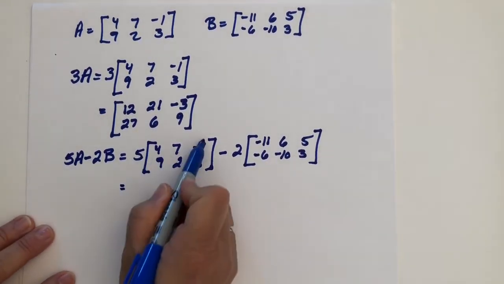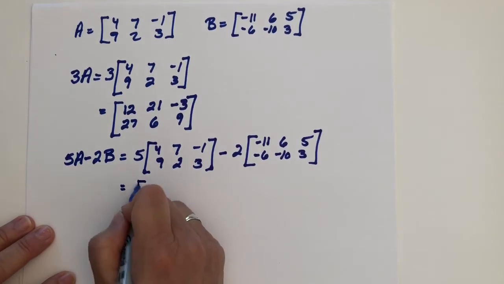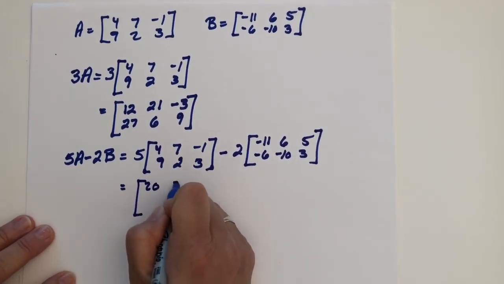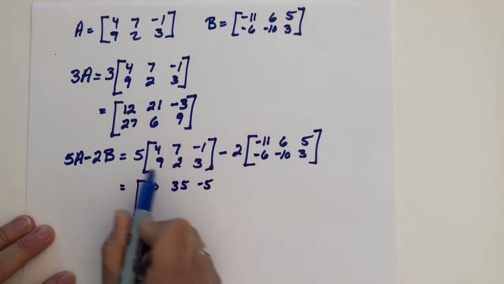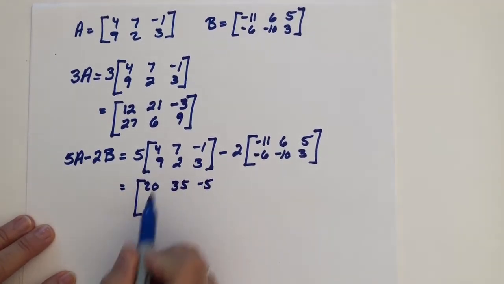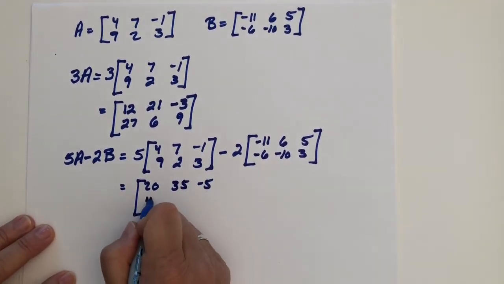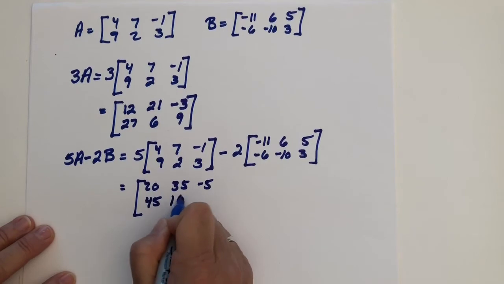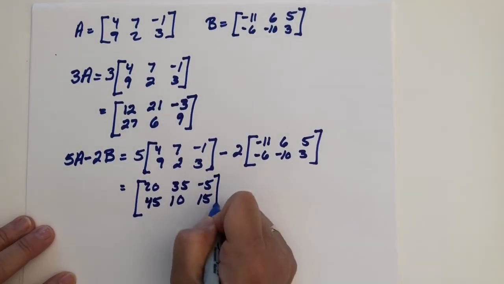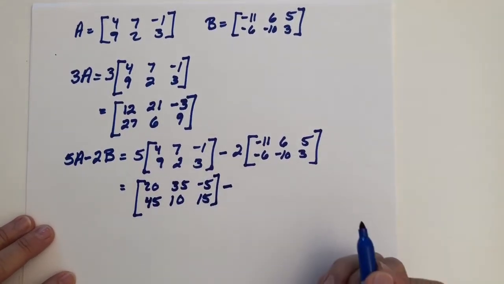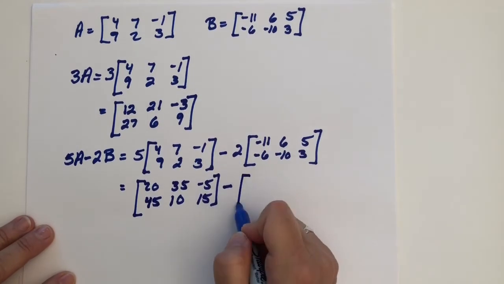So when we multiply matrix A by 5, we get 20, 35, negative 5, right? 5 multiplied by every entry, 45, 10, and 15.